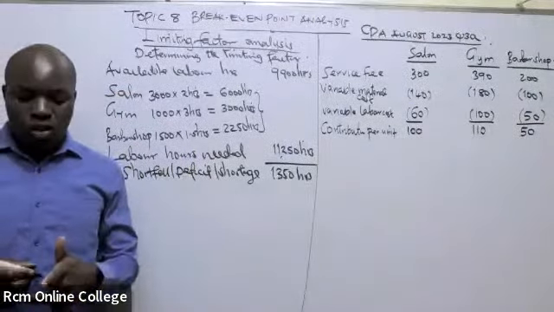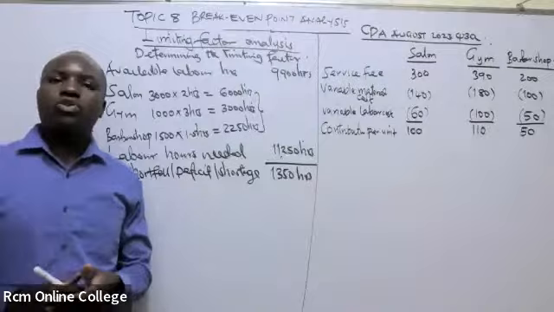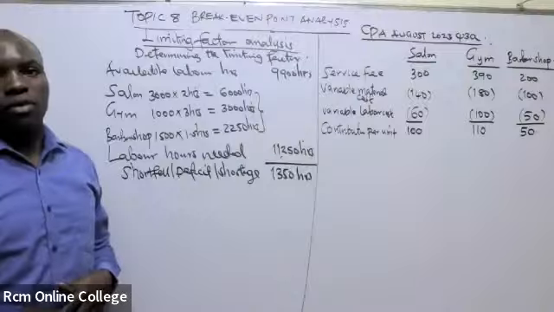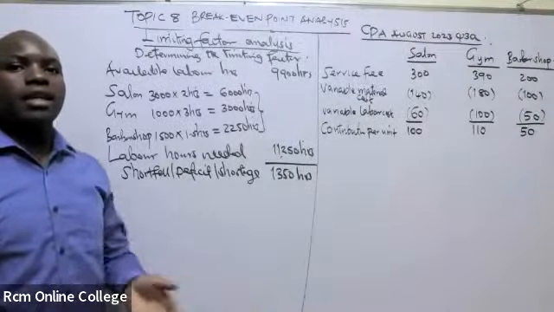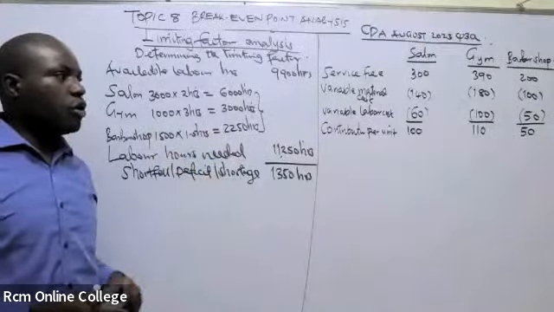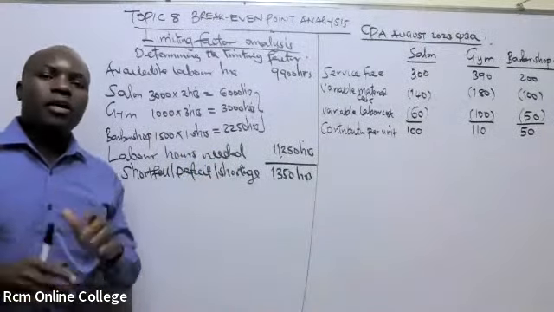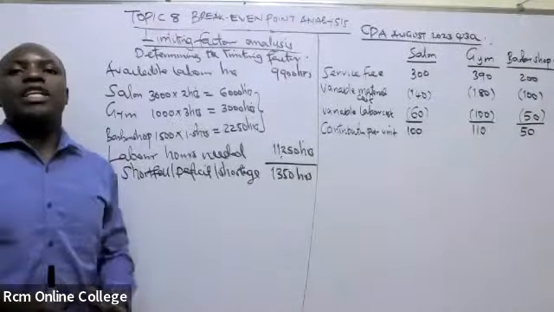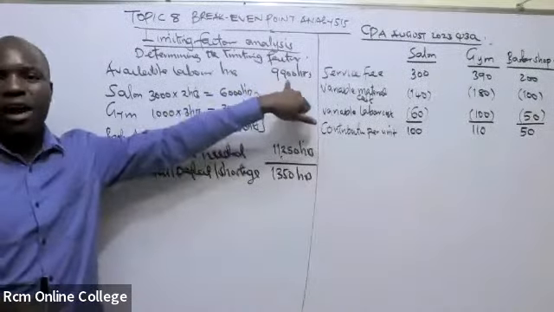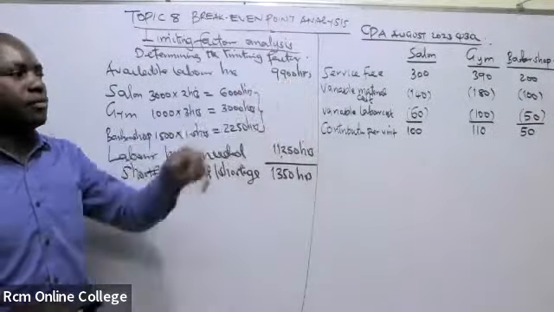Good. Now, with that shortfall, we are not going to close down and say they only want to go back home. No. We are not going to give up and say, let someone else do that. No. We are going to try as much as possible to advise the company on the proportion that will maximize the return from these limited labor hours. How do we help the company to do that?